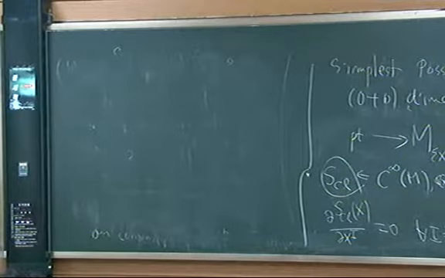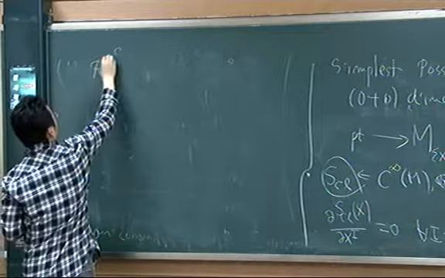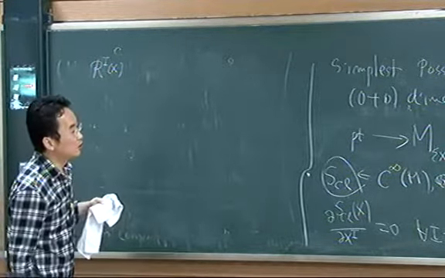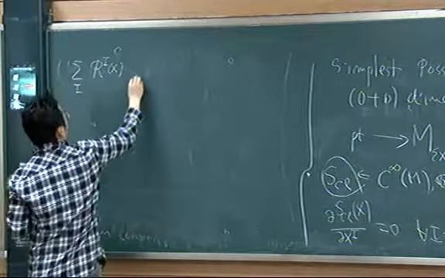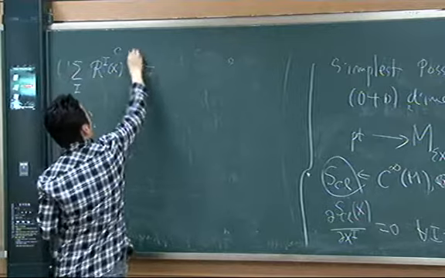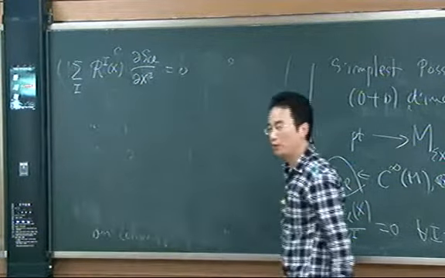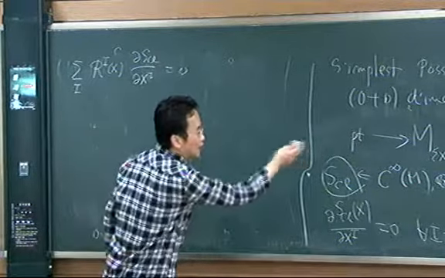If I assume that I have a sequence of polynomials, Ri, satisfying the relation that partial xi, partial s equals 0. Assume that I have such a polynomial, Ri, here. Then I have that lambda there.